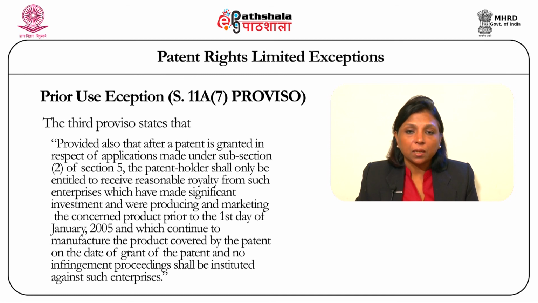Very interesting. So this particular proviso to section 11A(7) states that if I was manufacturing a drug on which a patent application had been filed under section 5(2), and I had set up factories to manufacture this before the first day of January 2005, then even after the patent is granted to the rightful patent owner, he cannot bring a case of infringement against me.